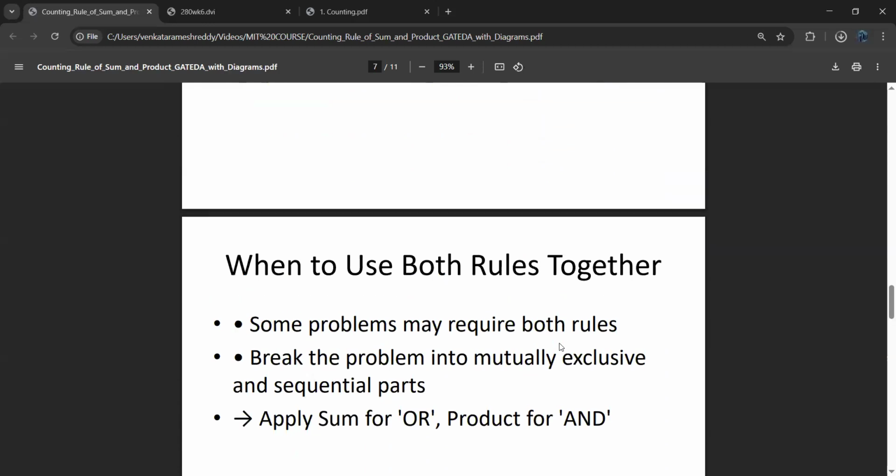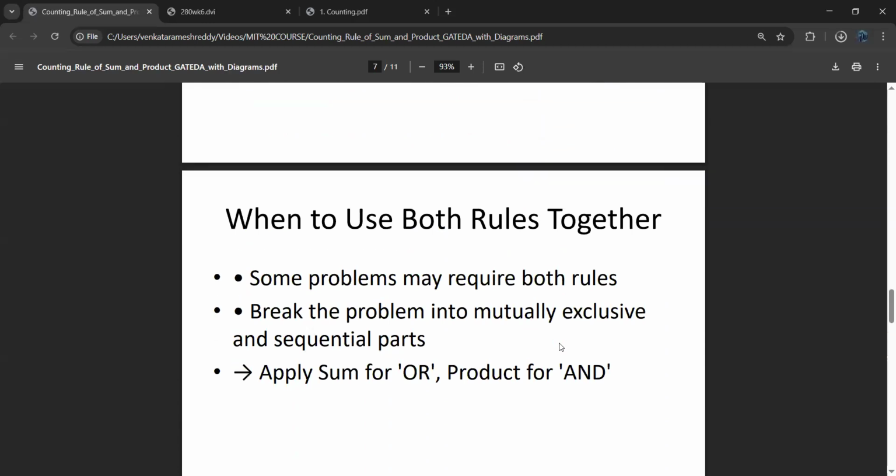So next, we have used the rule of sum for one problem and the rule of product for another problem. But there is another thing: when to use the rule of sum and rule of product together. Some problems will require both rules, because without these two rules we cannot solve some complicated problems.